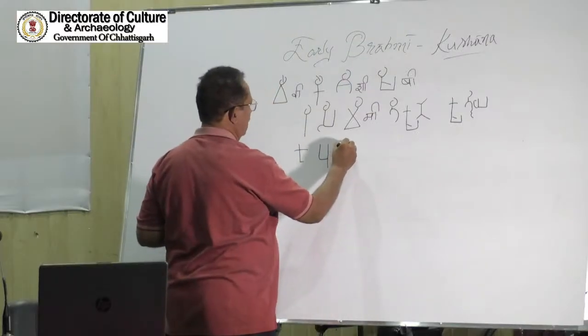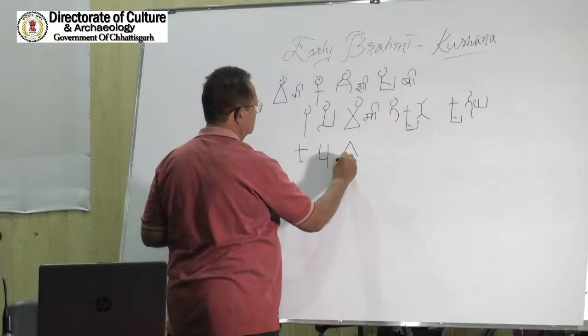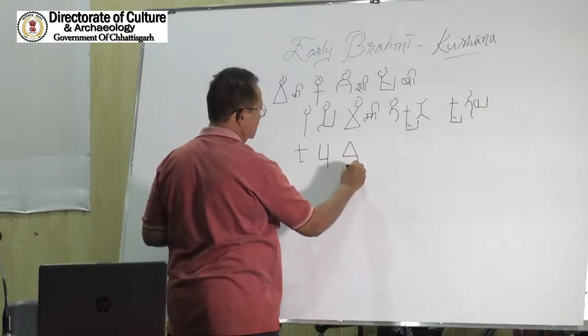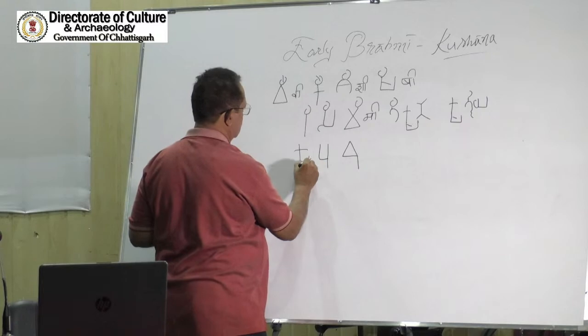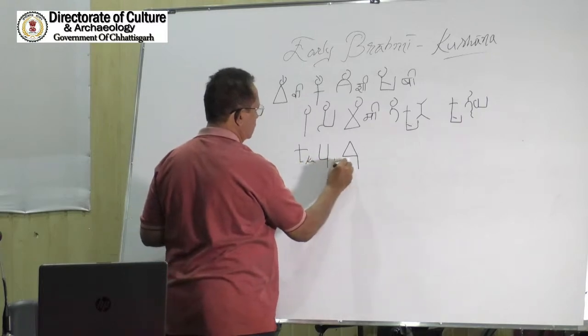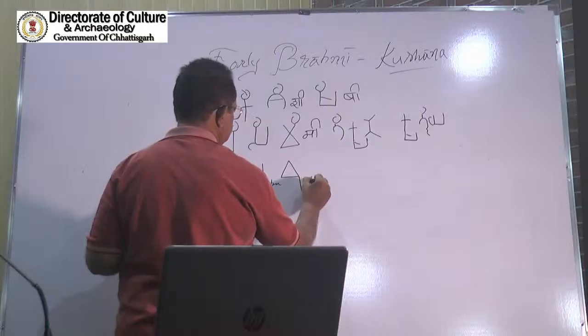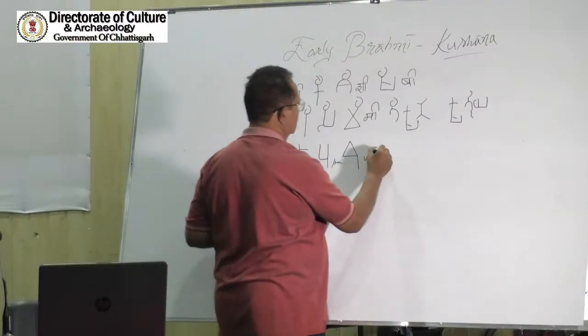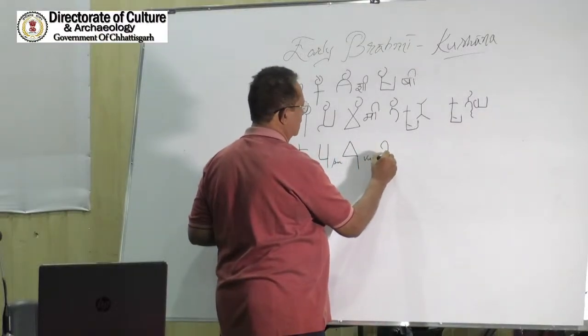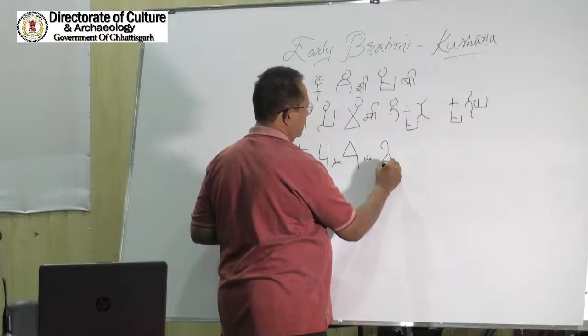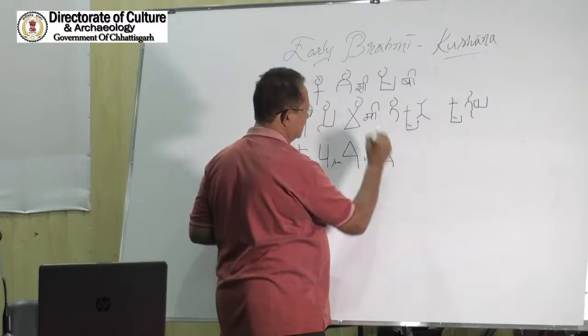And this is Va, and extension like this. So this is Ku, Pu, Wu. Suppose you write Ka like this, naturally you will extend it like this.